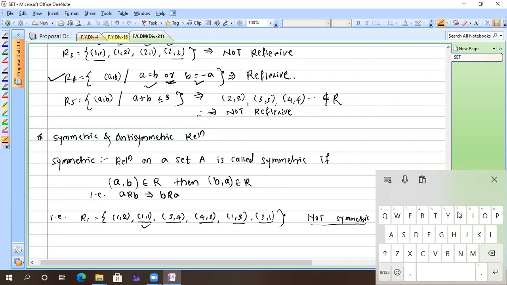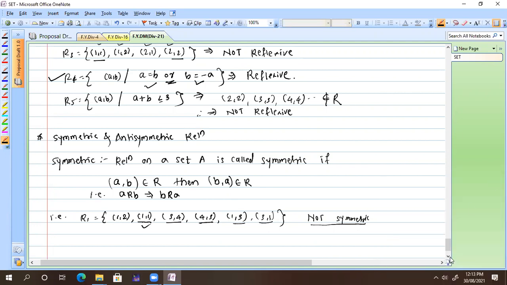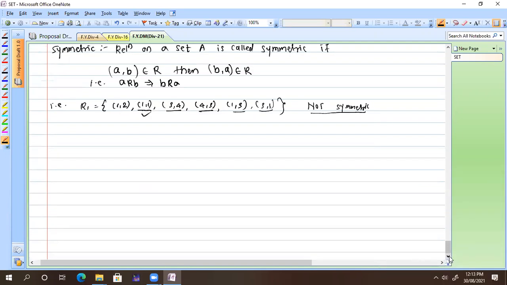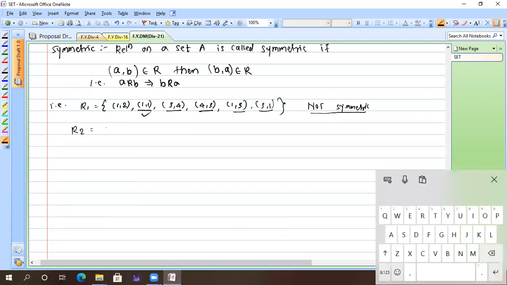Okay. So can someone give me any example of a relation on the set {1, 2, 3, 4, 5} which is symmetric? Any example which contains (A, B) such that, yes, tell me.